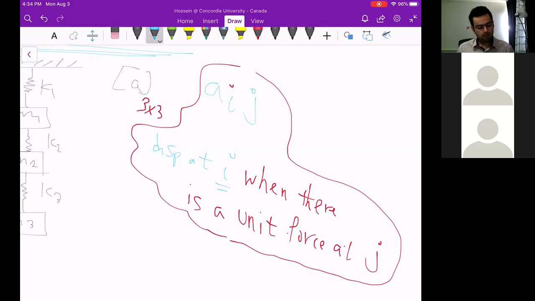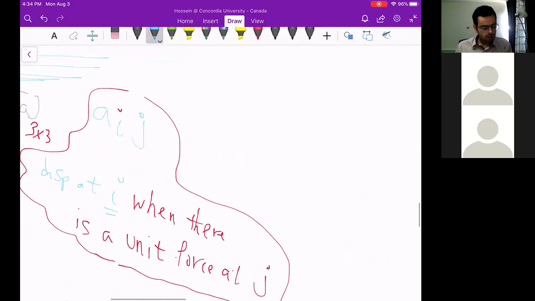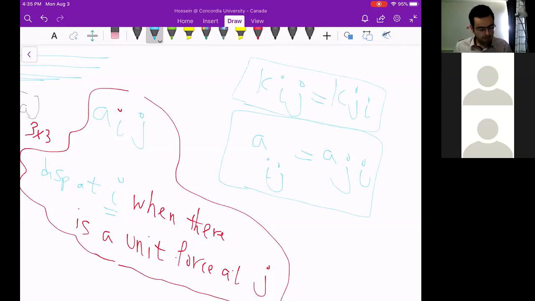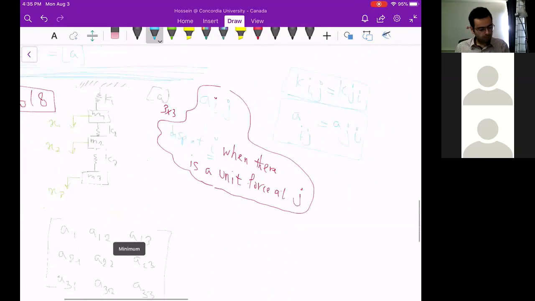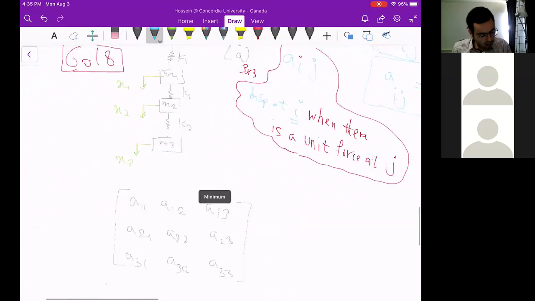Also for filling out the influence matrix, you have to be careful that you can easily take advantage of the reciprocity theorem for a linear elastic system, where Aij is Aji, and also Kij is Kji.